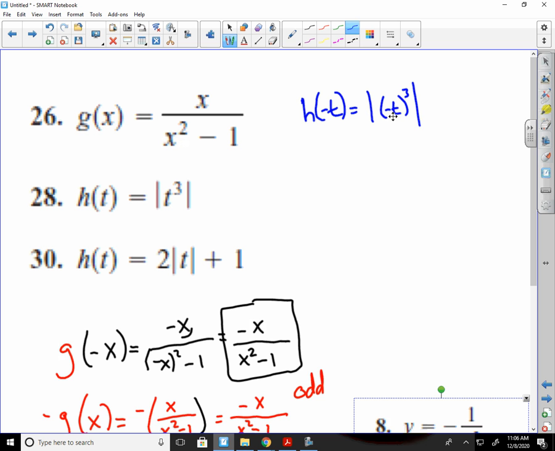Negative t to the third, it stays negative. But what does the absolute value do? Right, it's going to make it positive. So that just becomes t to the third.